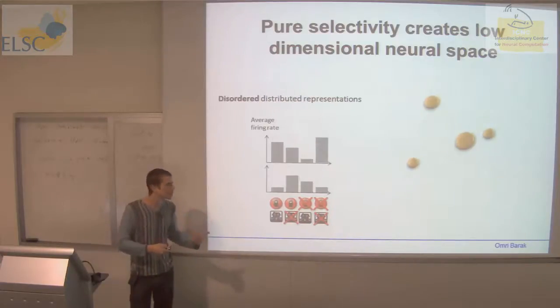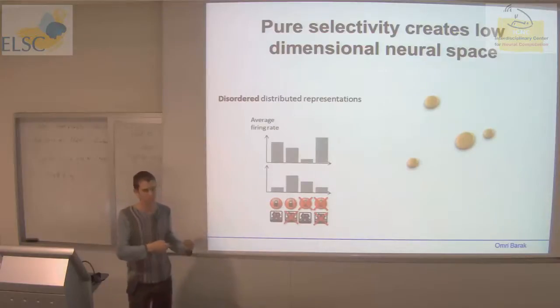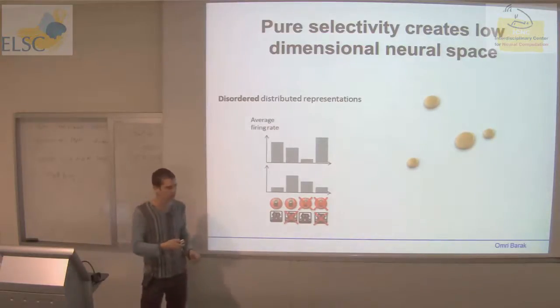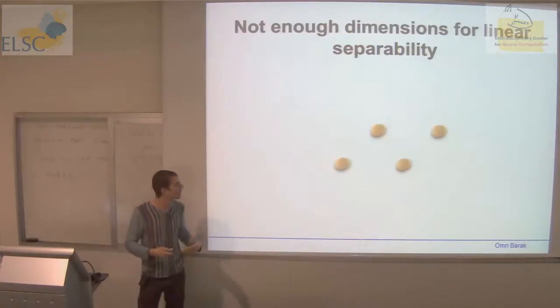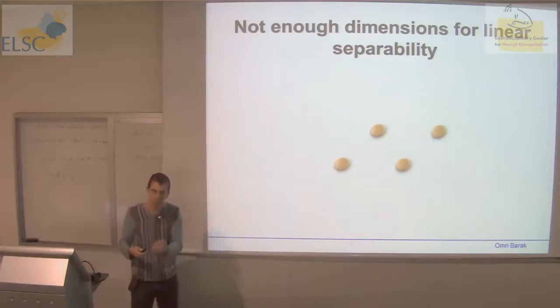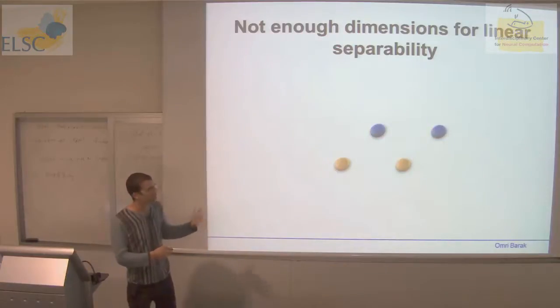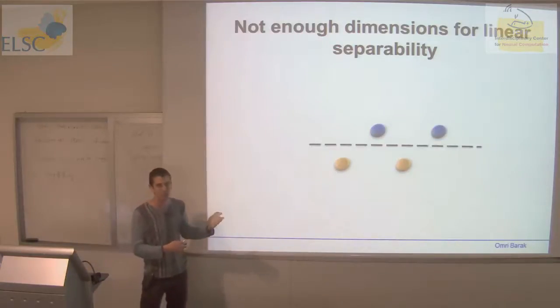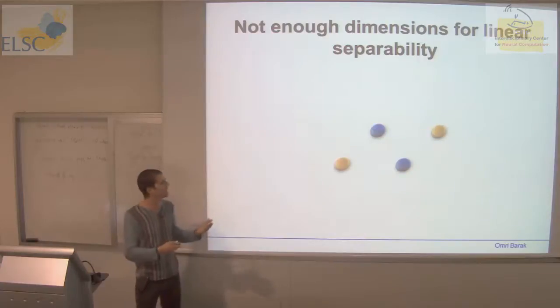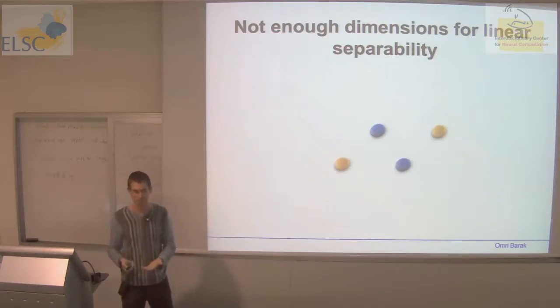Whereas a disordered representation causes a higher dimensional neural representation. And the reason that I care about this is, again, the information is present in both types of representations. But if I have a low dimensionality, then there are some things that I can use a linear decoder to read out, and there are others that I cannot.